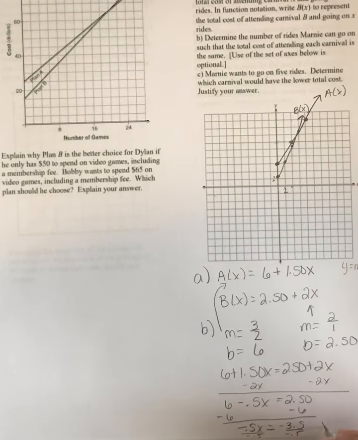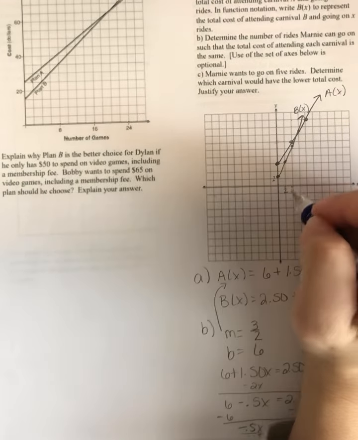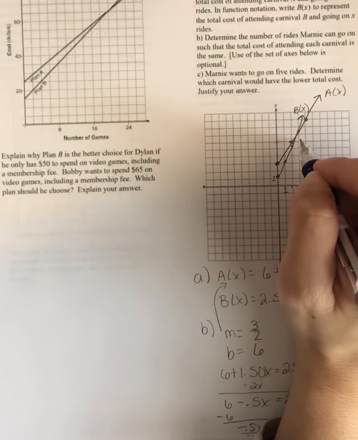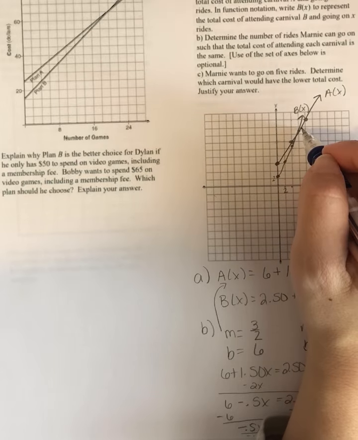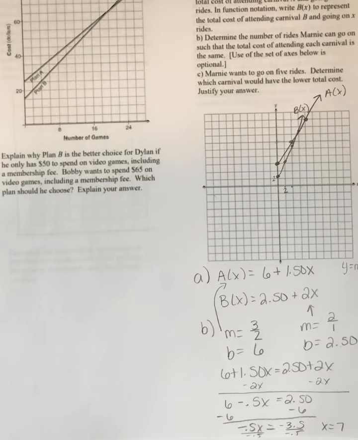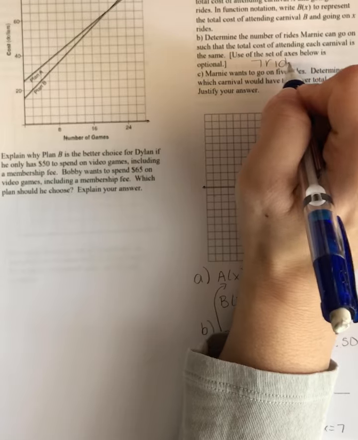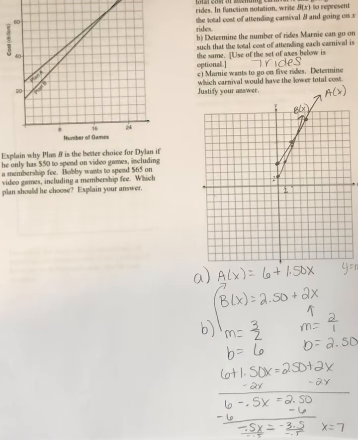And we get x equals 7. So 2, 4, 6. So 7 was in the middle here, so it was going to be over here where it actually crossed a little bit. So it wasn't a spot where we even really could read on our graph real well. So the answer to this part is 7 rides, both carnivals will cost the same thing.